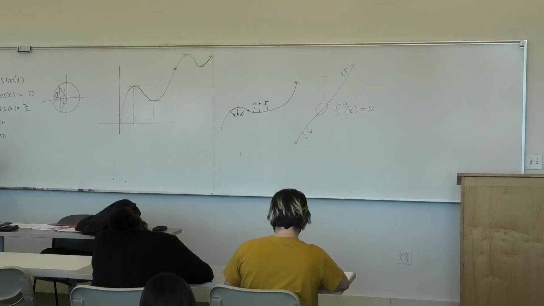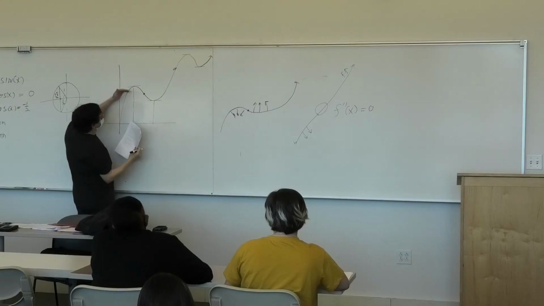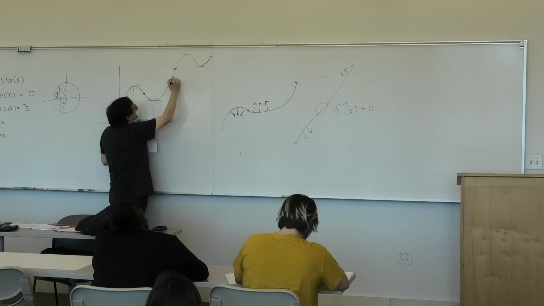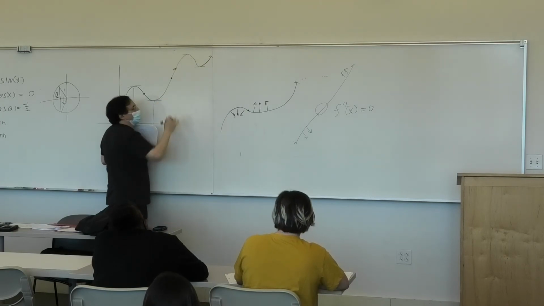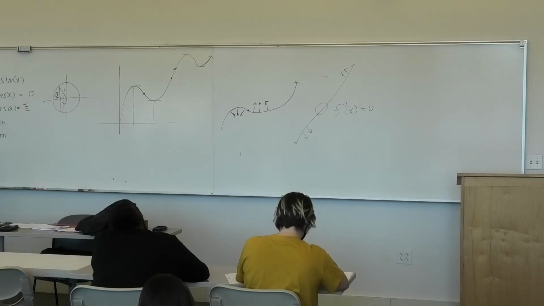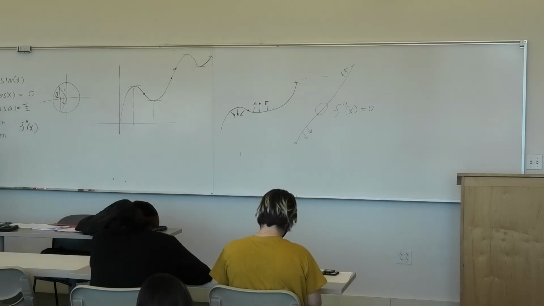What about the points of inflection? Somewhere in here, this is going to change from curving downward to curving upward. And then again here, it's going to do the same thing, and it's going to repeat that. So to find that, we would use the second derivative. Derivative of the derivative, right?